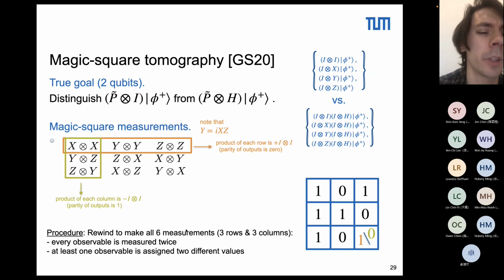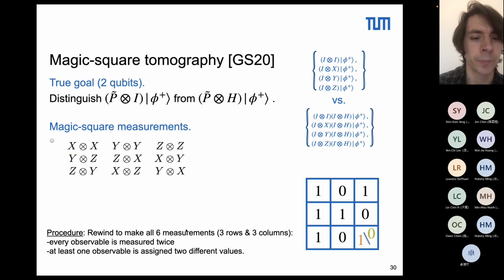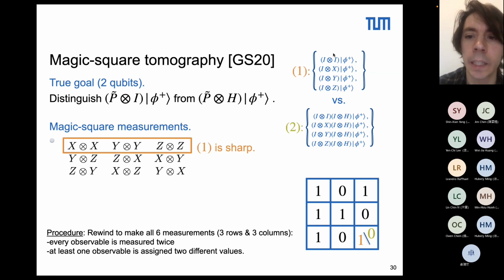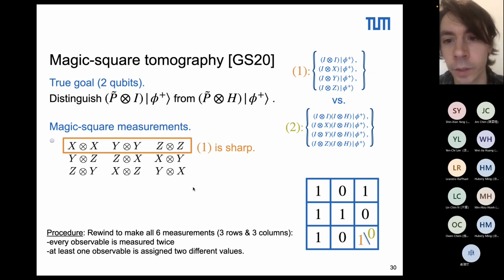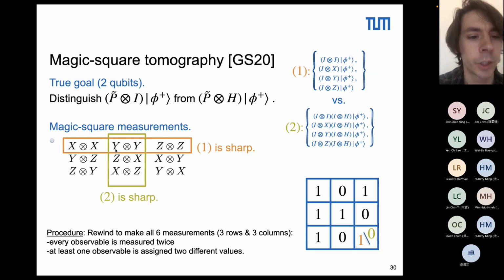And how does it help us for our problem? We have that the set of states 1 here on top is sharp for these 3 observables. What sharp means is that it can only take 1 value, while the second set of states is sharp for this set of observables, which means it can only take 1 value.